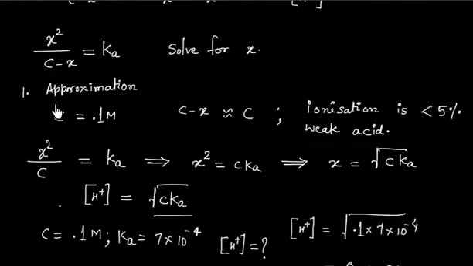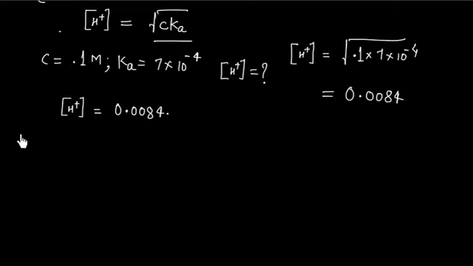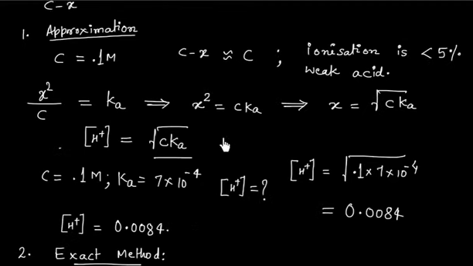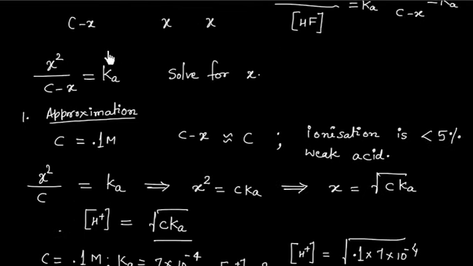Now we can also do the same thing by the exact method. We discussed how to calculate the concentration of H plus by the approximate method. Now we'll do the same thing by the exact method. It is easy to discuss the exact method. I have a binomial expression here, and I can use it as a quadratic equation and solve.